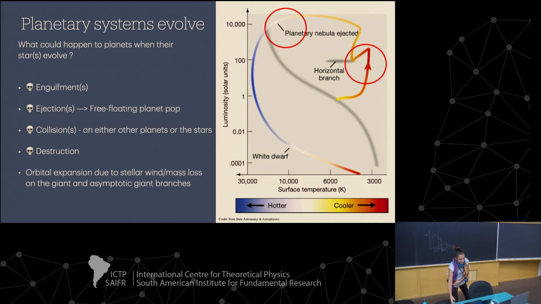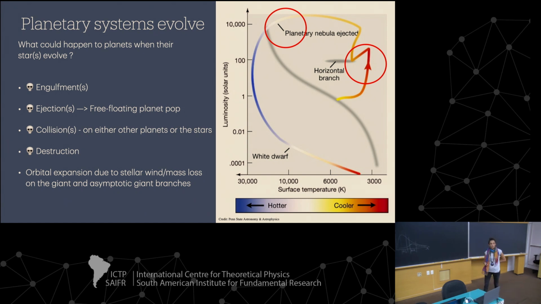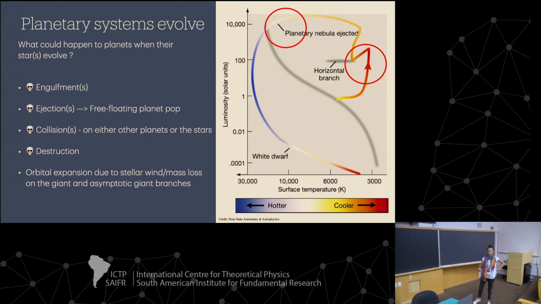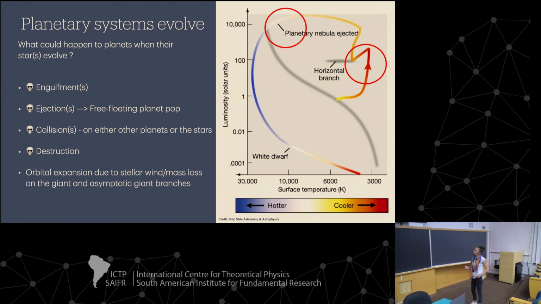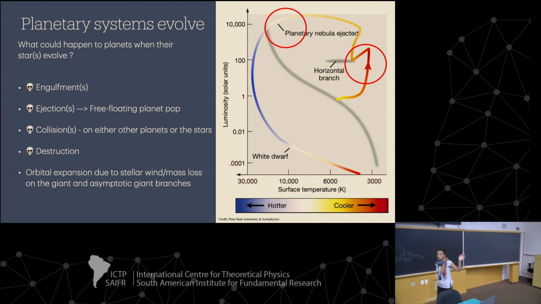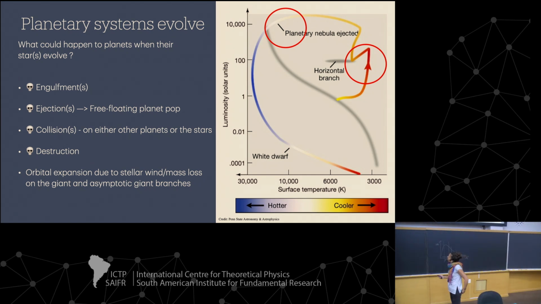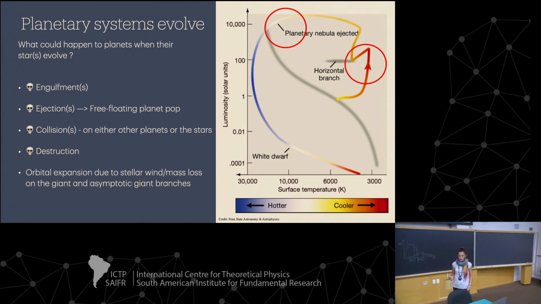Okay, so planetary systems can evolve. But of course, while they evolve, they might suffer engulfment, which is when they're eaten by the star as it gets larger, or they can be ejected. In that case, they add to the free-floating planet population, because you might not know, but we have planets that are just floating around, not bound to any star. They can also collide with other planets, creating a larger planet, for instance.